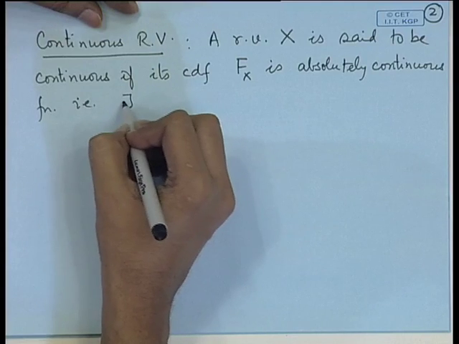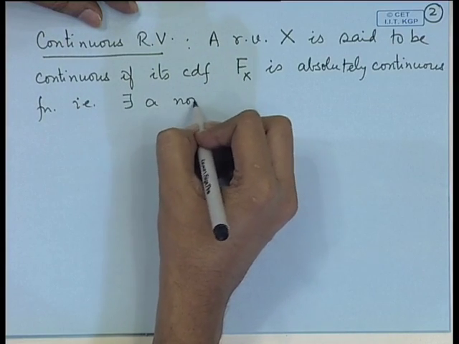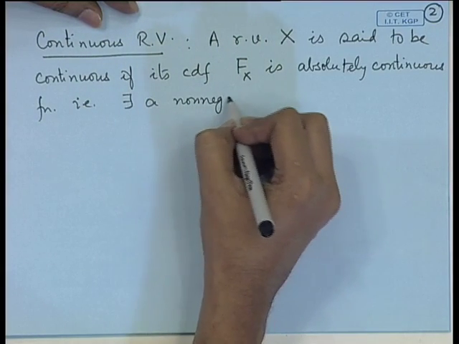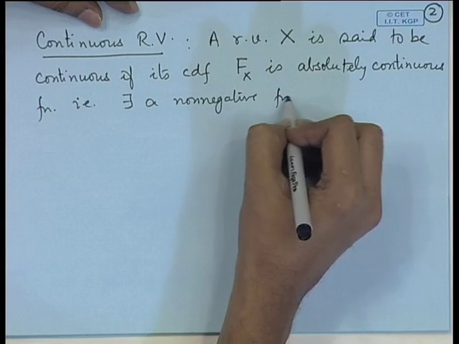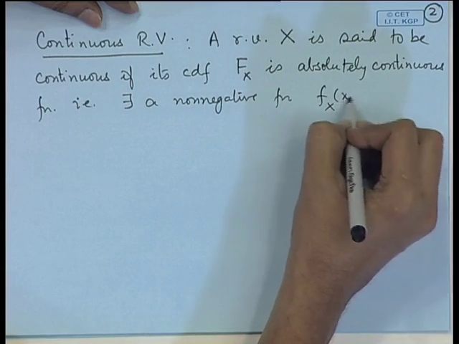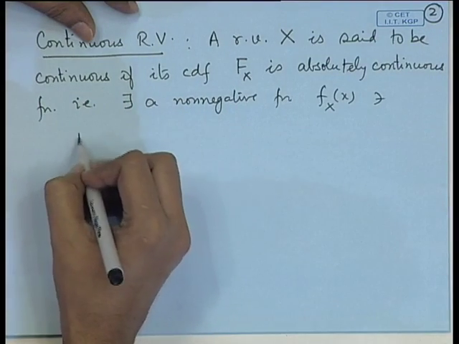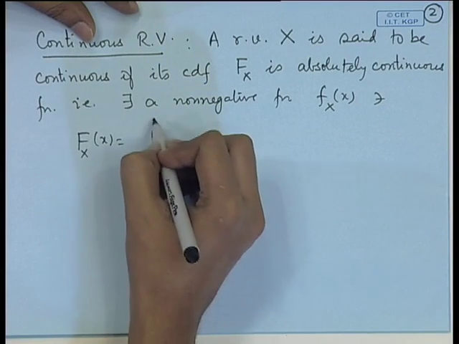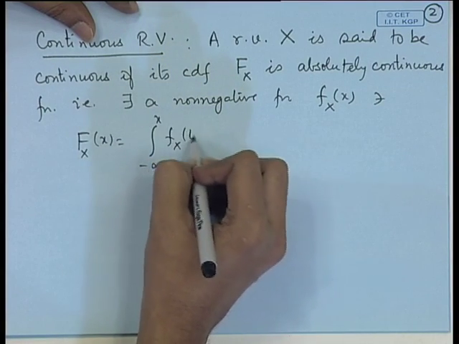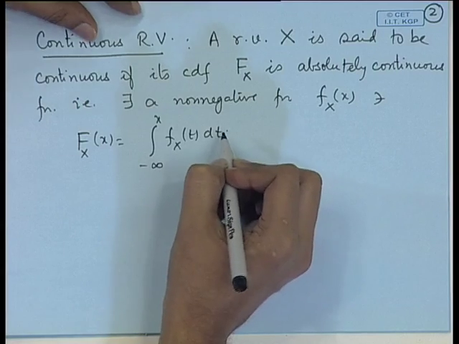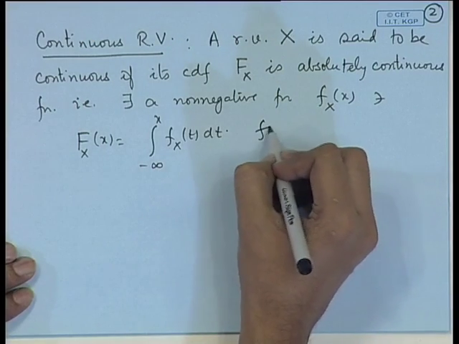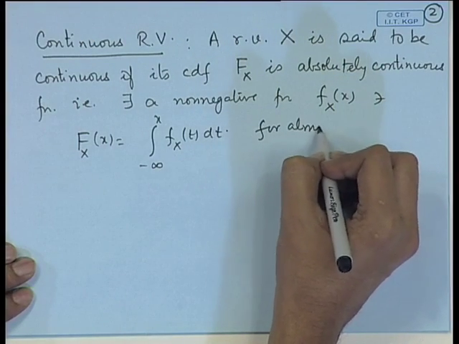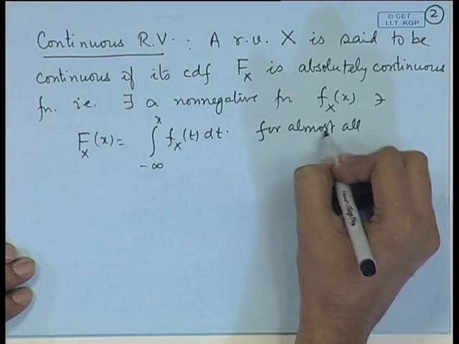That is, there exists a non-negative function small f(x) such that capital F(x) is equal to the integral from minus infinity to x of f(t) dt for almost all x.